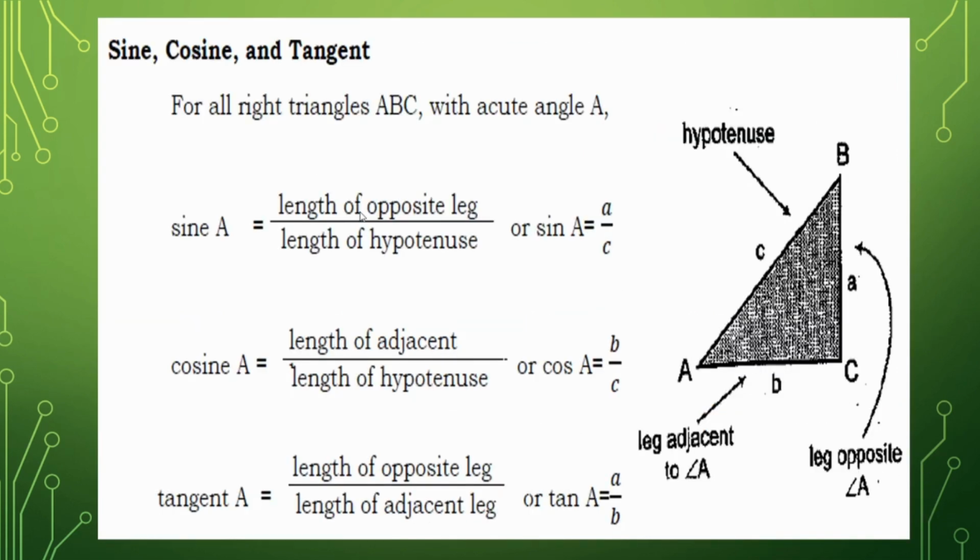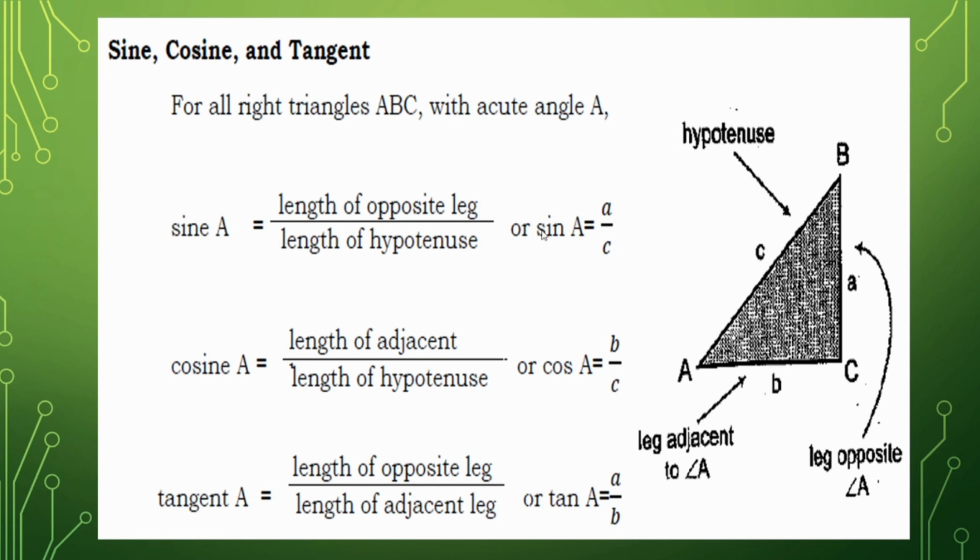To wrap up, we have the sine, cosine, and tangent. Again, these are the parts of the right triangle. We have the hypotenuse, and we need to find out which is the reference angle. In this example, our reference angle is angle A. So our adjacent is line segment AC, and our opposite is line segment BC.